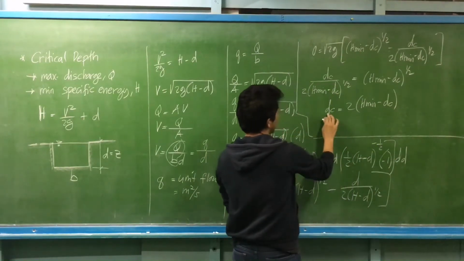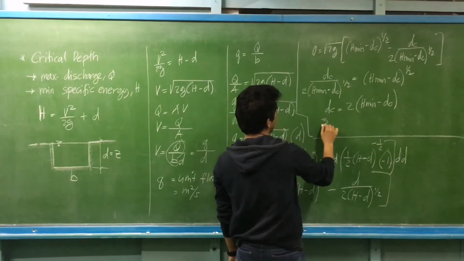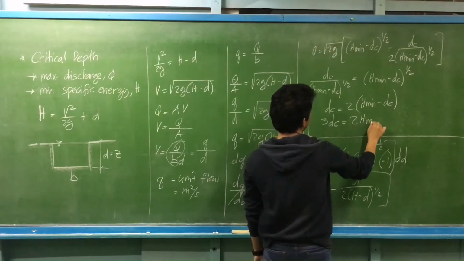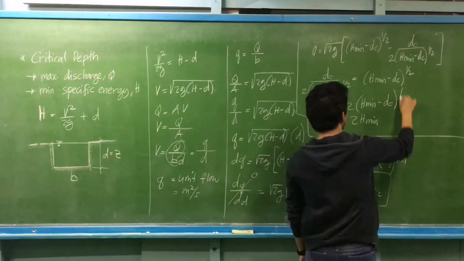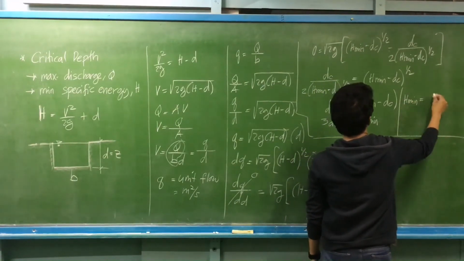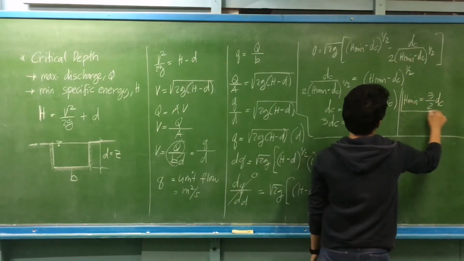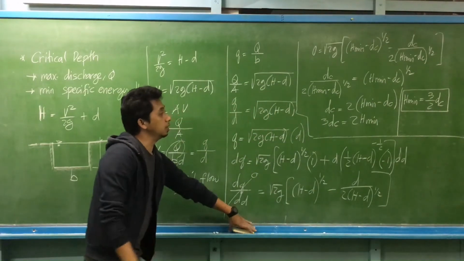So we have the same as critical depth plus twice the critical depth. This is 3 times the critical depth equal to twice the minimum specific energy. Or we have the relation that the minimum specific energy is 3/2 of the critical depth. So this is one relation of the specific energy and the critical depth.